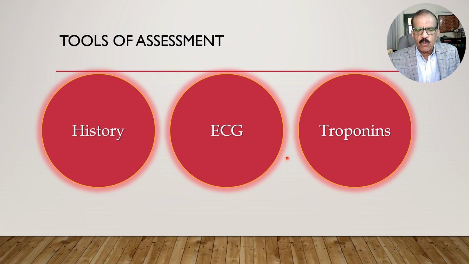And then troponins are also important. Many times we have to do troponin to see if there is myocardial infarction. So if you use these 3 tools, you can surely handle most patients with acute coronary syndrome, and you can diagnose which category they fall in.